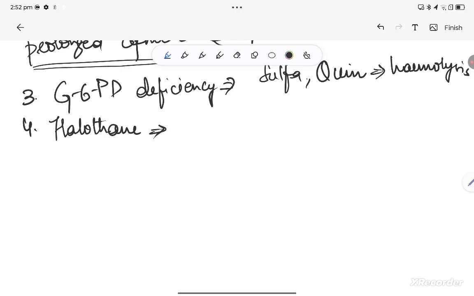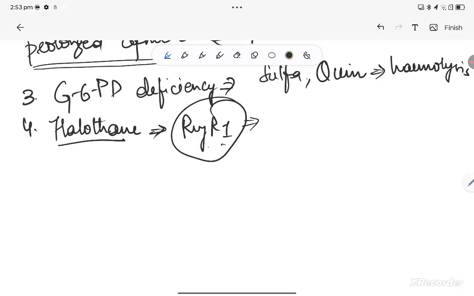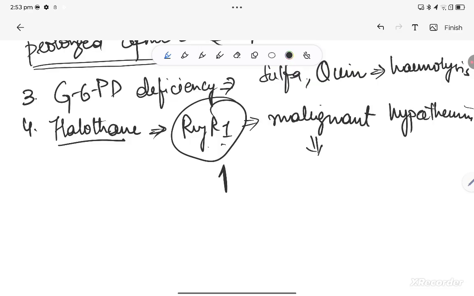Some patients have abnormal ryanodine receptors, because of which, when given halothane, they end up with malignant hyperthermia. This malignant hyperthermia is primarily because of increased calcium release from the sarcoplasmic endoplasmic reticulum.